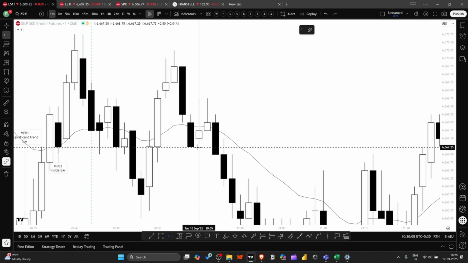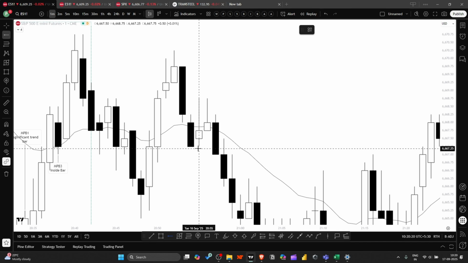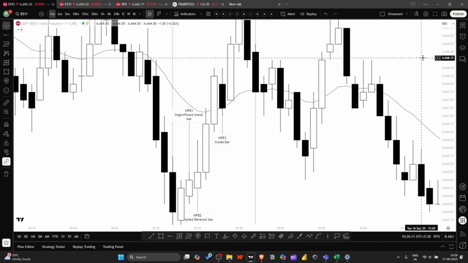The next candle's low is also 6667.25. But this bar's high is going beyond this bar's high. So this is an outside bar, although it didn't go below the low of the previous candle. It should touch it at least. Is this a pause or not? Yes, it is a pause. That's why I told you this is inside and outside. This is the third kind of pause. Inside and outside both are the third kind of pause.